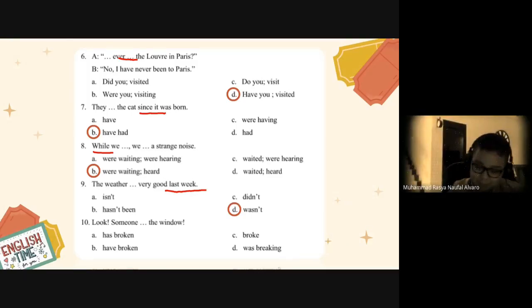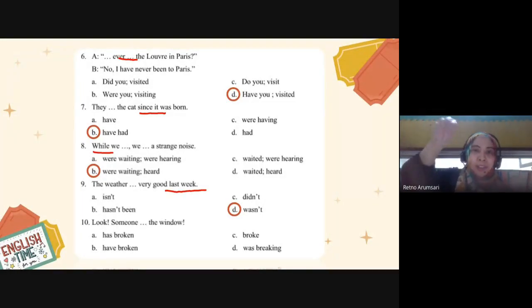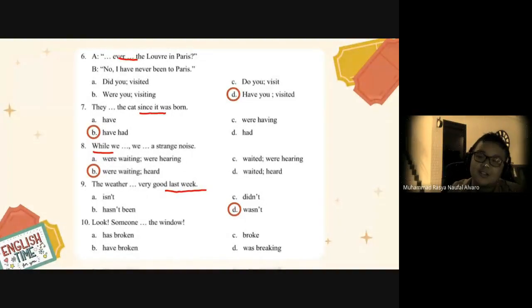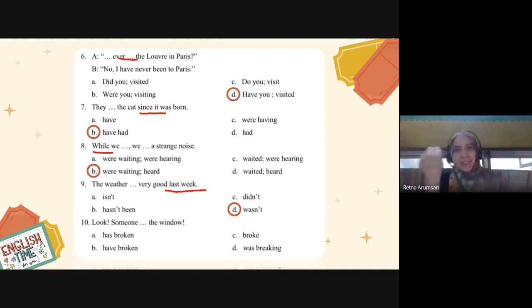Look, someone broke the window. Look, look. What is it? I said, look. I answered this. Look, someone broke the window. When you can see the result right now and you're surprised by it, you say, "Look, someone has broken the window."